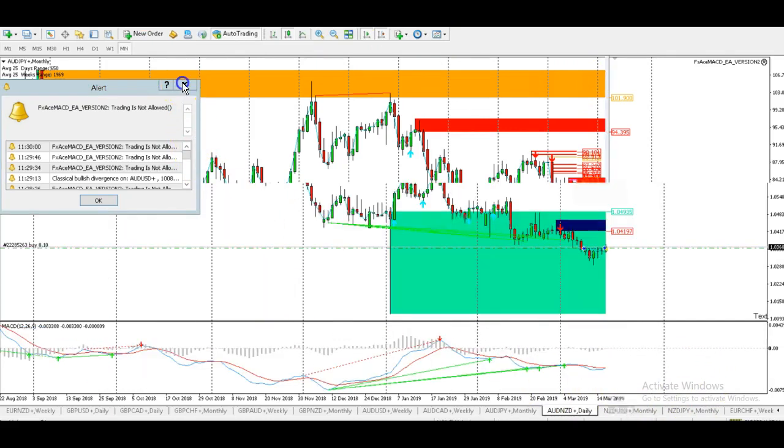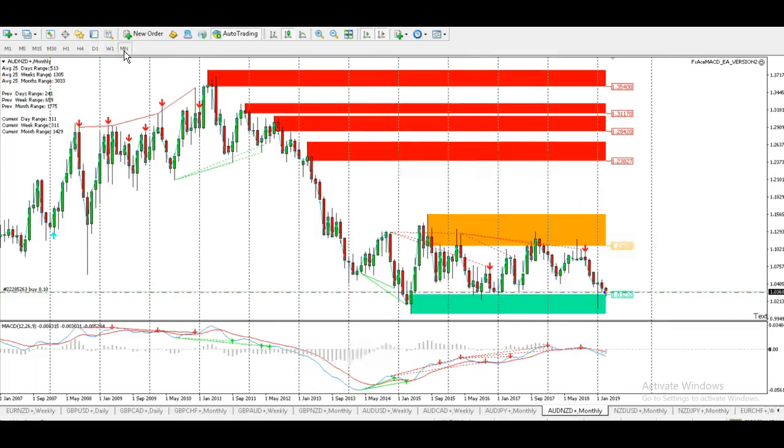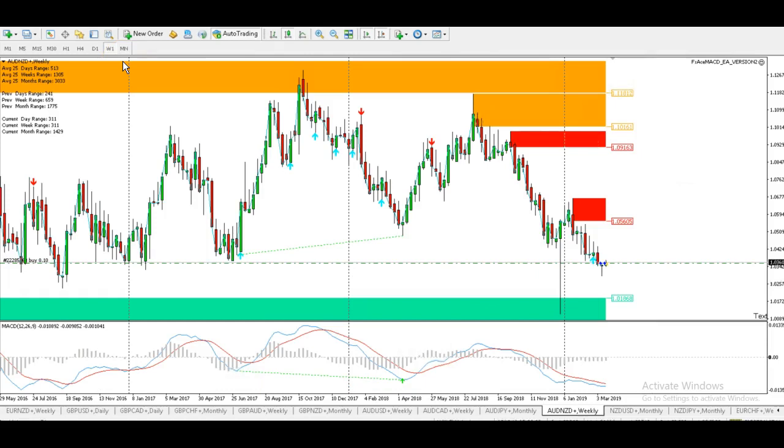Aussie Kiwi is another trade that we're in, longer term. MacBot entered this week to move up higher. We're at this monthly area. This is a really good trade for longer term, maybe 500-600 pips. Okay, we've got the weekly area here, so we're weekly inside a monthly with the 4-hour signal.